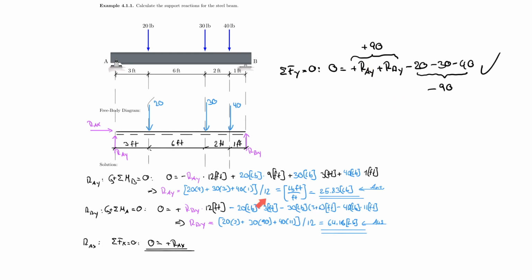Let's talk about this for a second again. So please understand that you always have to report 3 results for these support reaction problems, right? So you always have to provide RAY, RBY, and RX in this case. Of course, this might be different. So for example, you can have the pin on the other side, you can have the roller somewhere else. So the letters might change or the arrangement might change.